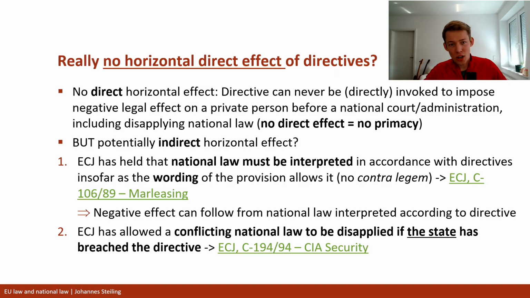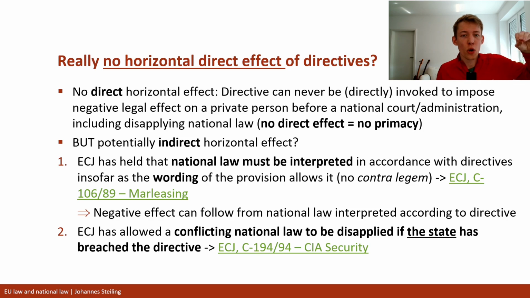And the reason was that not only had the implementation deadline passed, but there was another breach of the directive, because the directive said that basically the state has to notify certain provisions of national law that regulate security equipment.